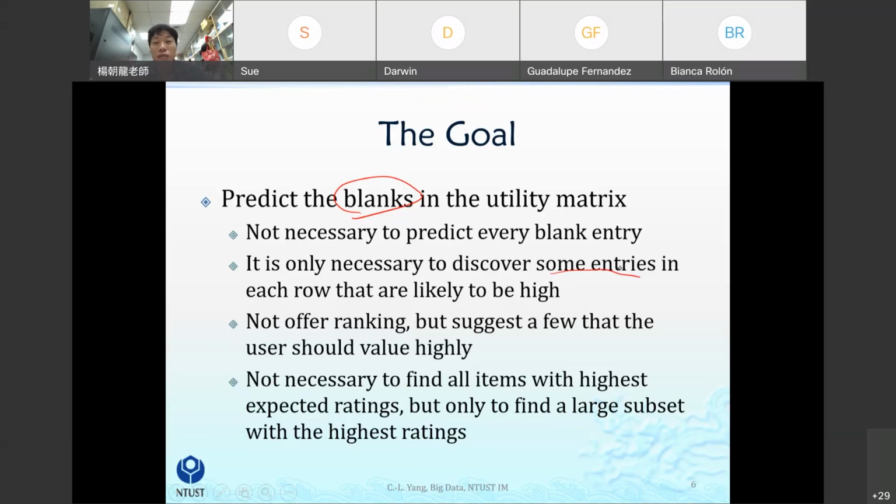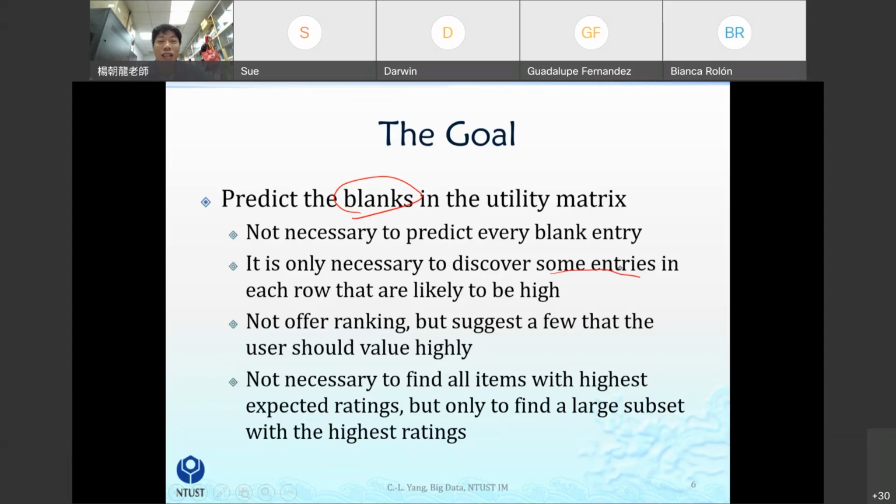The reason is very simple: you probably don't want to recommend something to me that I would rate just 1. You just want to recommend something I would probably rate very high, right?